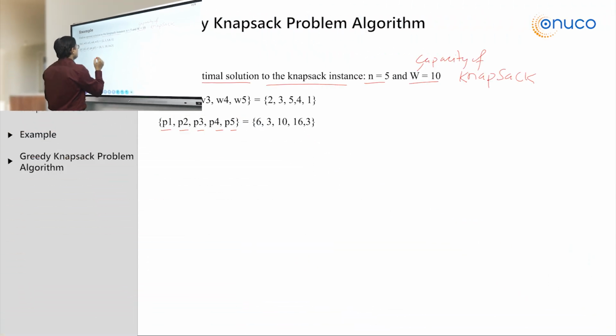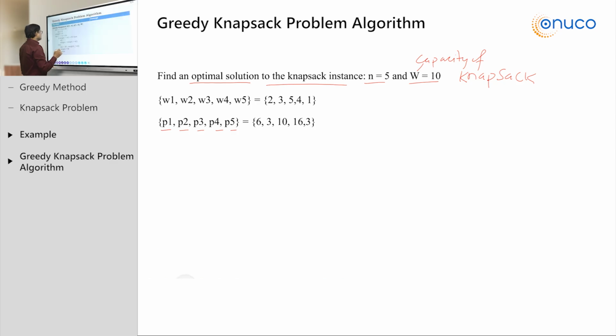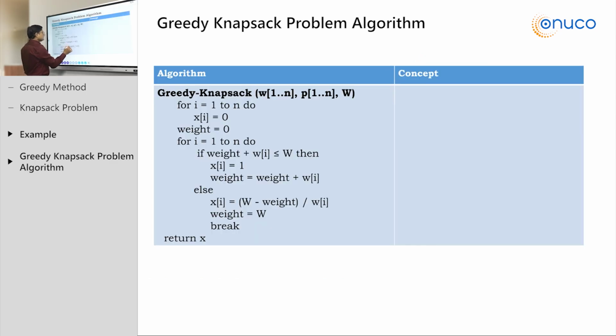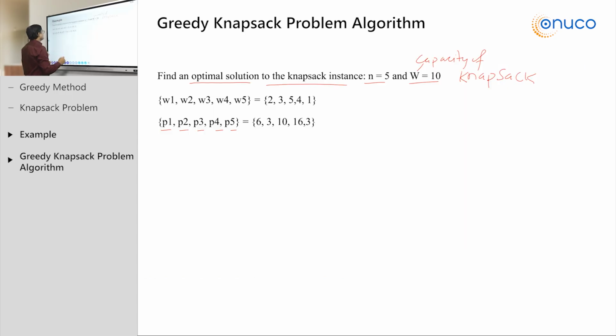Okay, so let us see what you are going to do based on these algorithms. We are first going to compute profit divided by weight, and write it in non-increasing order. Here we have 5 items, say 1, 2, 3, 4, 5.